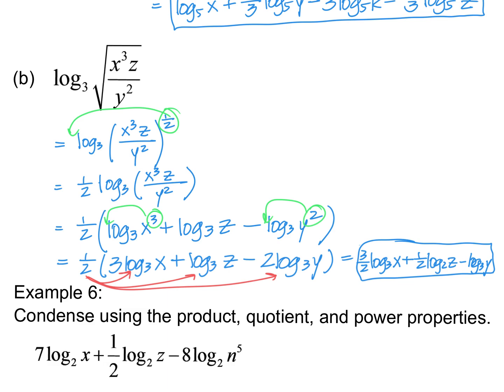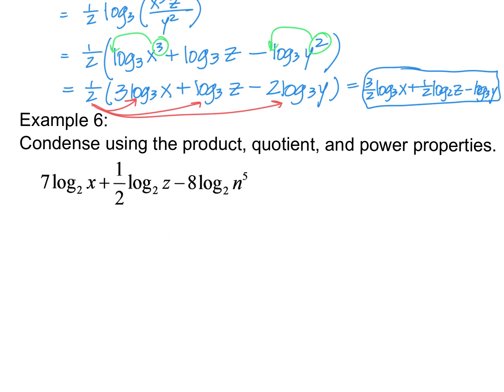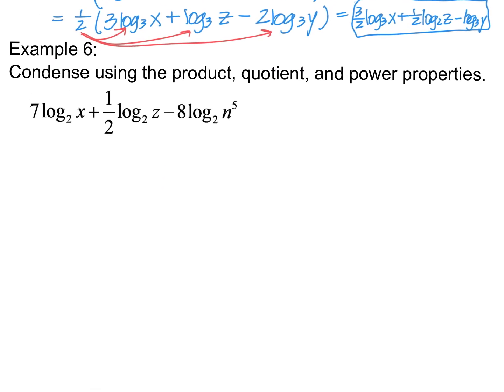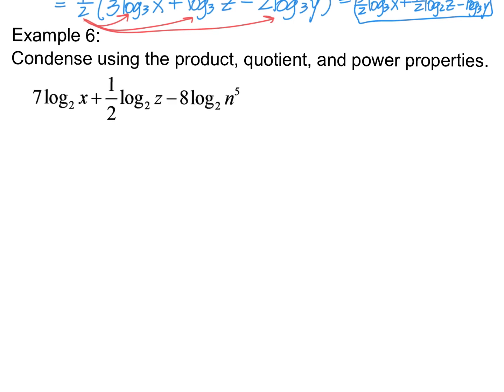All right, now we're going to do the reverse by condensing multiple logs into one single log. We have to do all these things in reverse now. We have to first move this 7 up to the exponent of the argument.